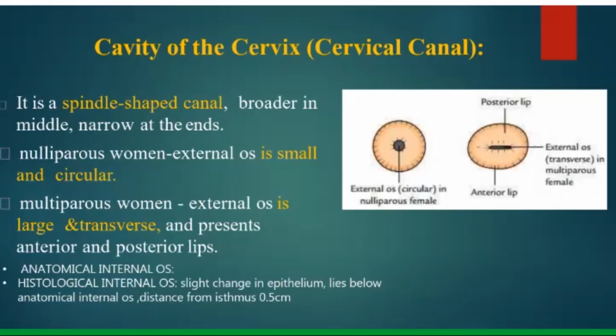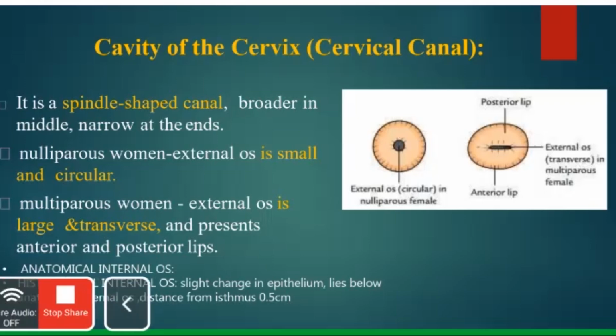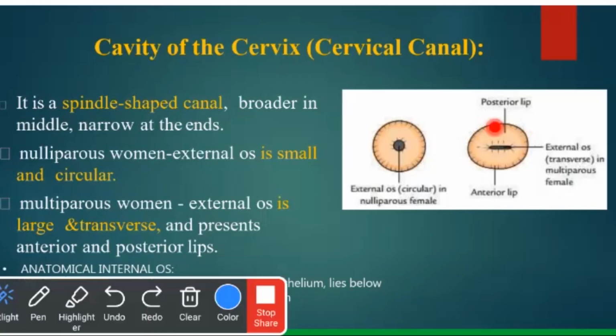The anatomical internal os and histological internal os differ by a slight change in epithelium that lies below the anatomical internal os, at a distance of 0.5 centimeters from the isthmus. This is of the nulliparous woman, circular and small opening, and in multiparous these are the lip-like structures, anterior and posterior lip.